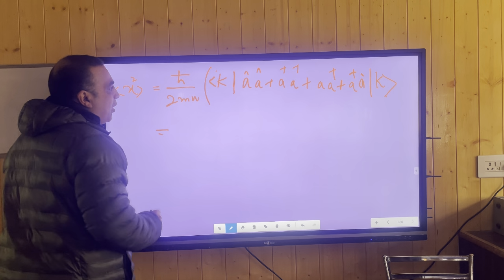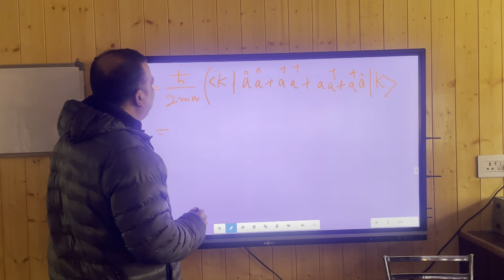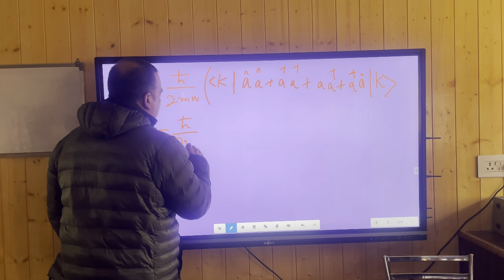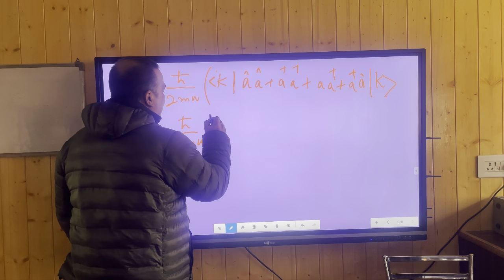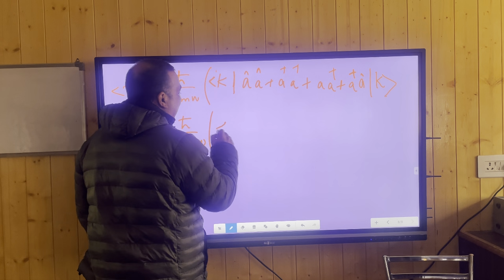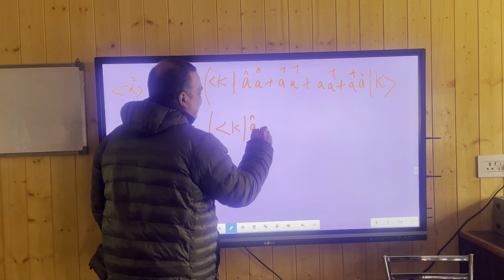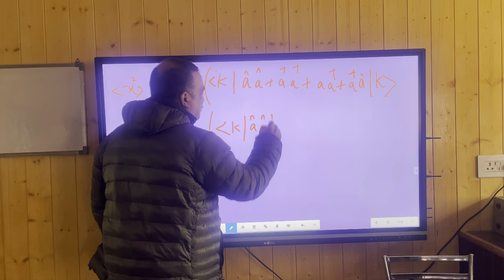So using that property, what we will be obtaining is something like this. This is h bar by 2m omega. So you will have <k|a|k>, and this is the annihilation operator.